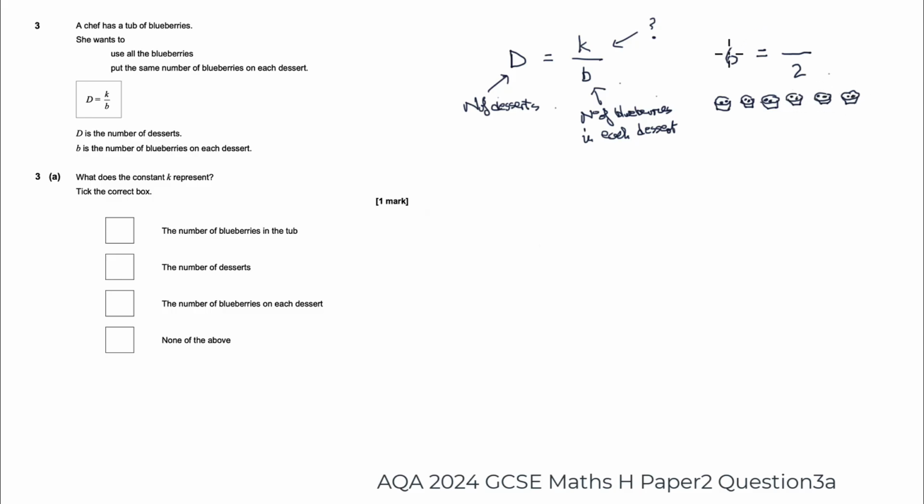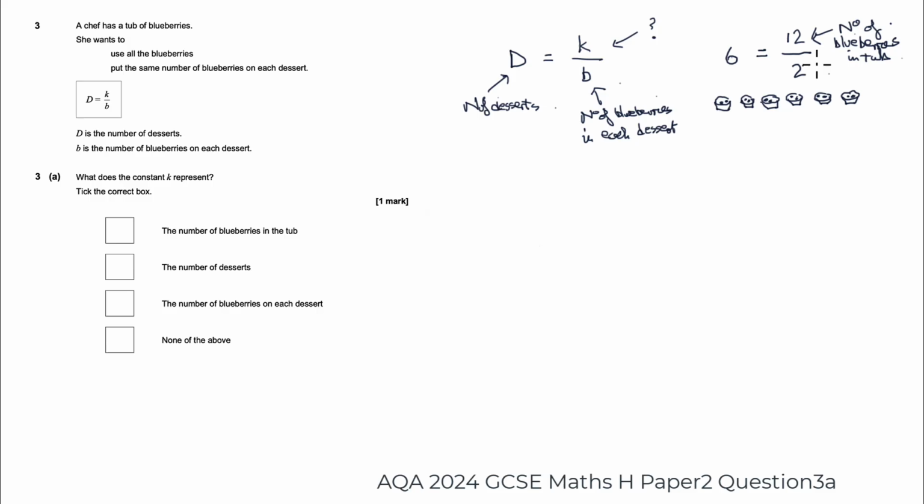Now, we know that you'll get 6 by dividing 12 by 2. So what on earth does that 12 stand for? Well, there's 2, 4, 6, 8, 10, 12. Total number of blueberries in the tub. So in this simple case, she started out with 12 blueberries in the tub.